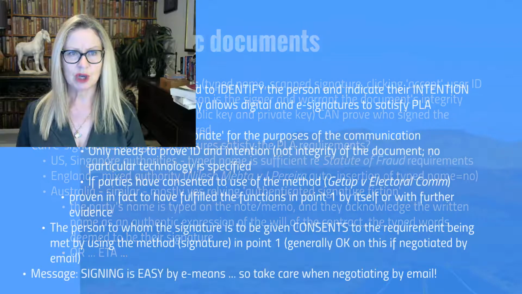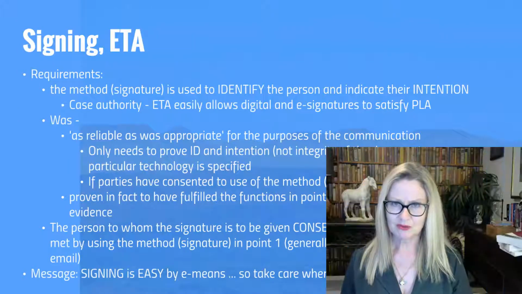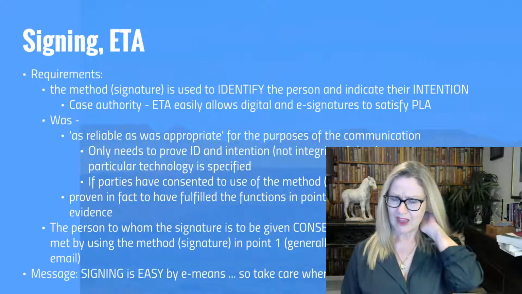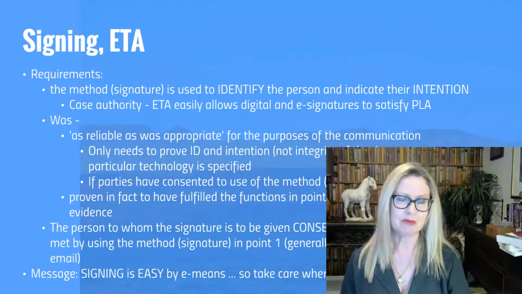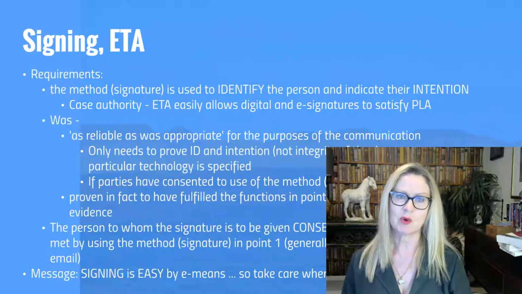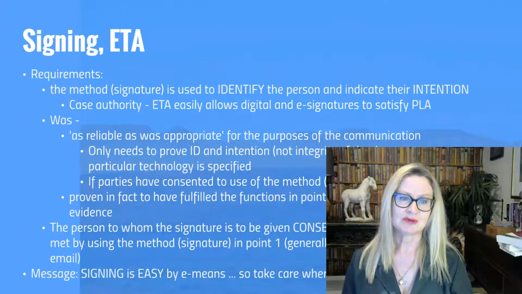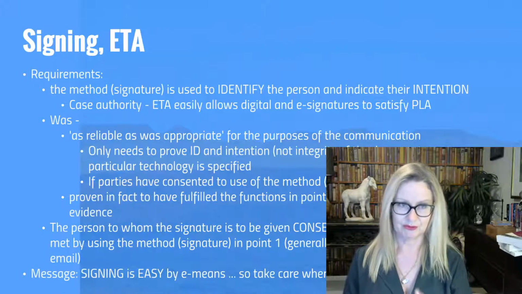The authors do go into the requirements for the Electronic Transactions Act. And the main thing there, the main 3 bullet points, is that the ETA requires that the method is used to identify the person. It was as reliable as was appropriate and proven to have fulfilled the functions of the first bullet point.